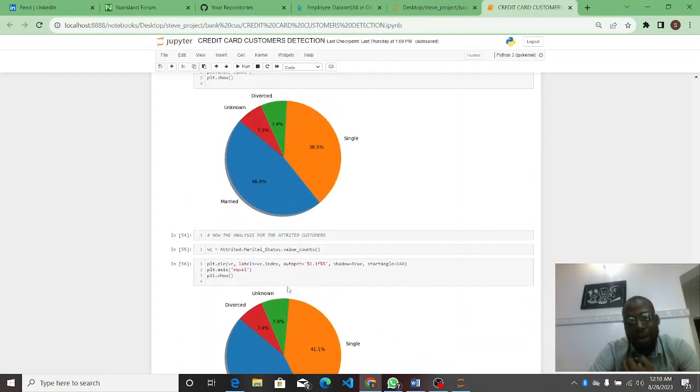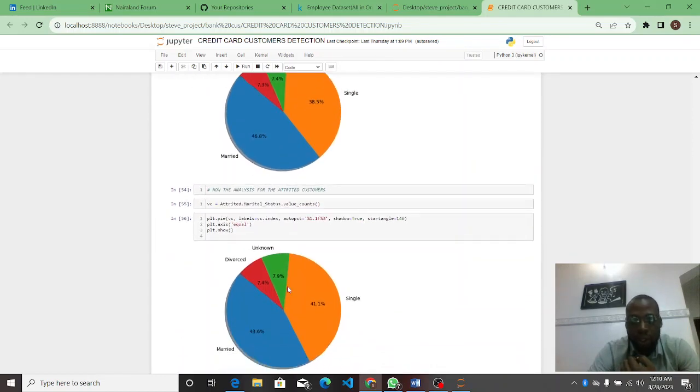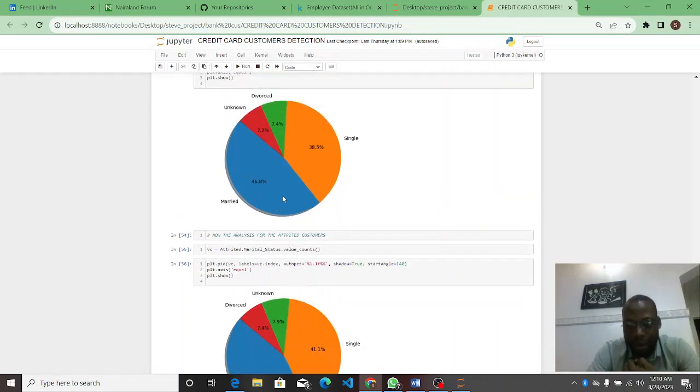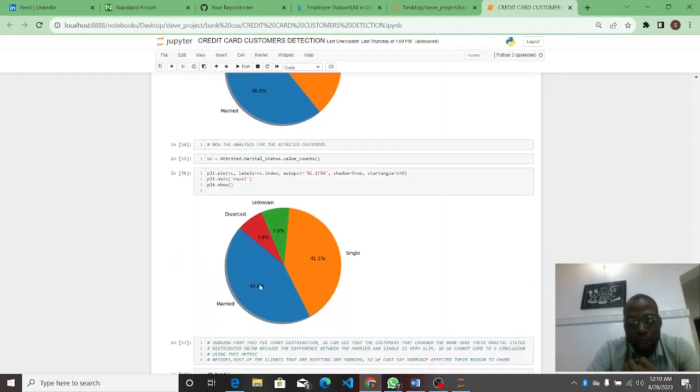So we can't say marriage is a factor for them leaving the organization, because of course most of our existing customers are married and they are still existing with us. But on the other hand, the attrited customers are split 50-50. So marriage could be a factor, but it's going to be very minimal.